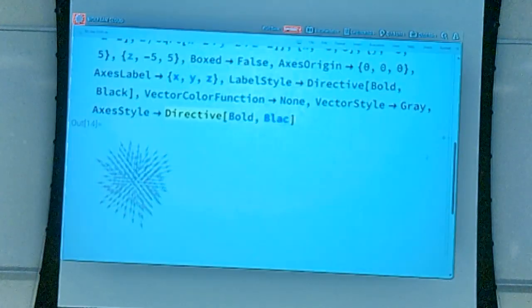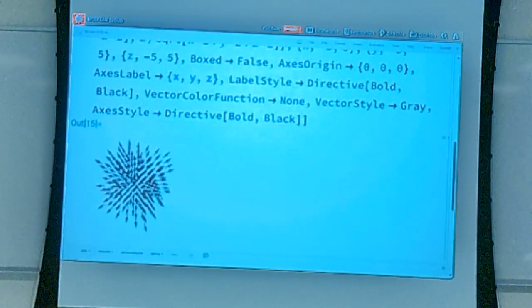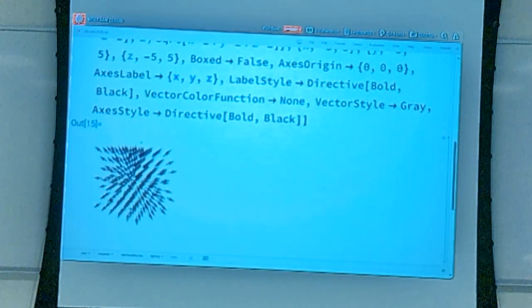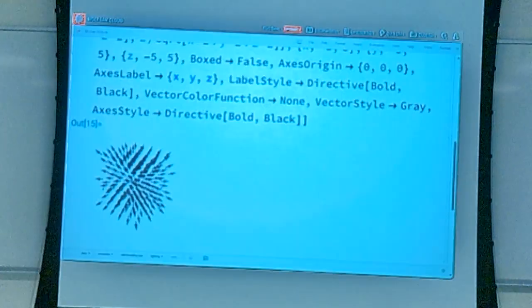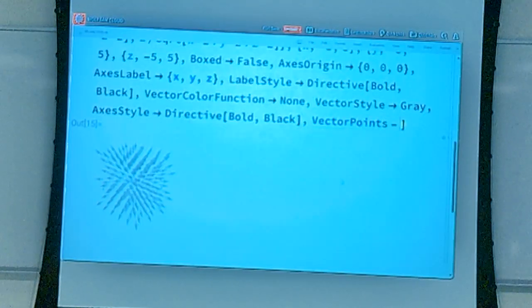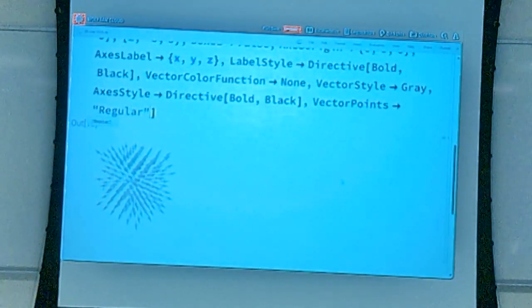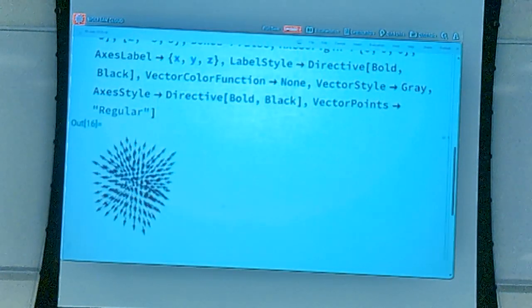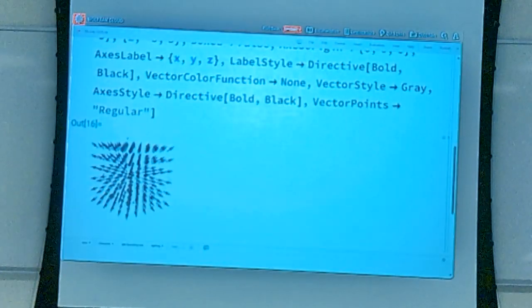So again, I'm going to do black. I'm also going to do the vector points regular again. And now if you notice, right now all the arrows are 3D.